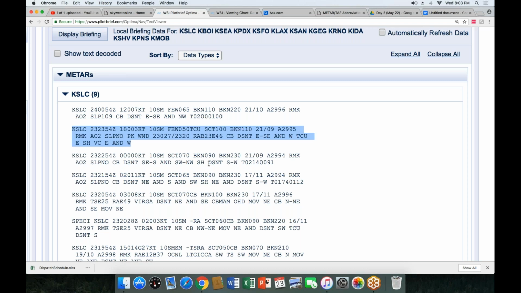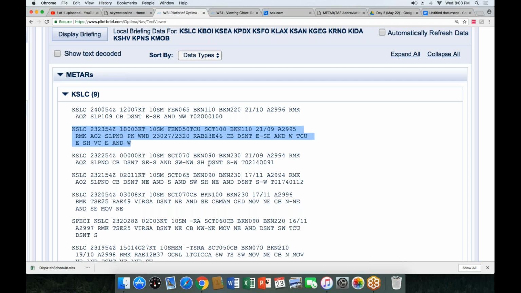There's peak wind. So this is telling us what time did we experience the highest speed wind and how fast.